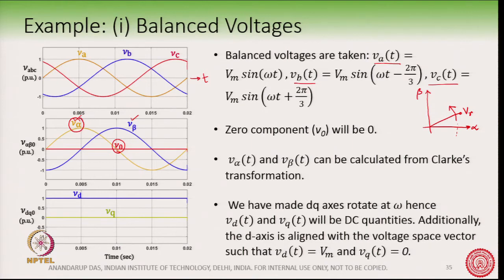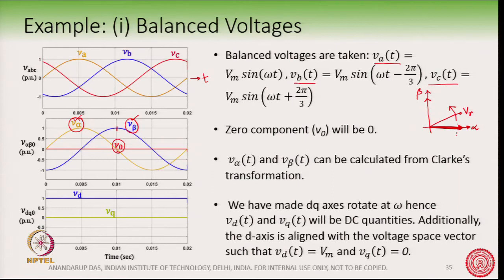If I see the time domain, V alpha will first reach its peak when V r is crossing this portion. So, V alpha is peaking, and after 90 degrees, when V r comes here, then V beta, meaning the beta axis projection, is peaking, and so we see it here.